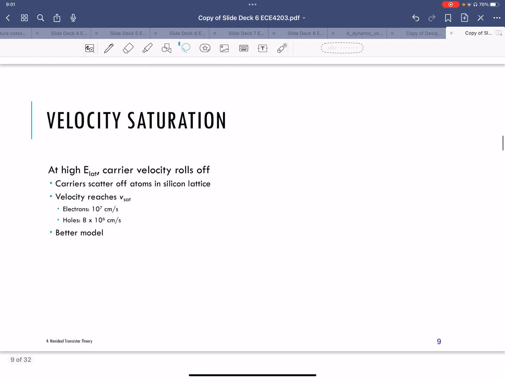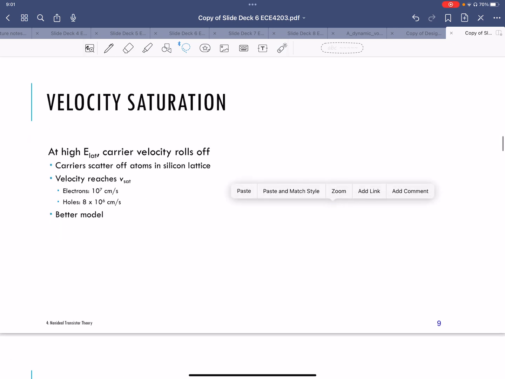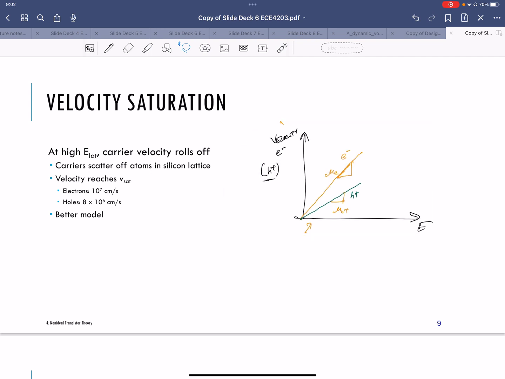So for a vertical electric field, you end up at some electric field where this thing starts saturating, so it no longer increases with increasing electric field.